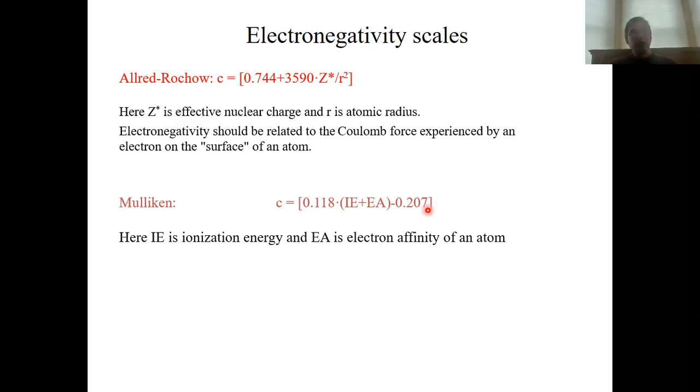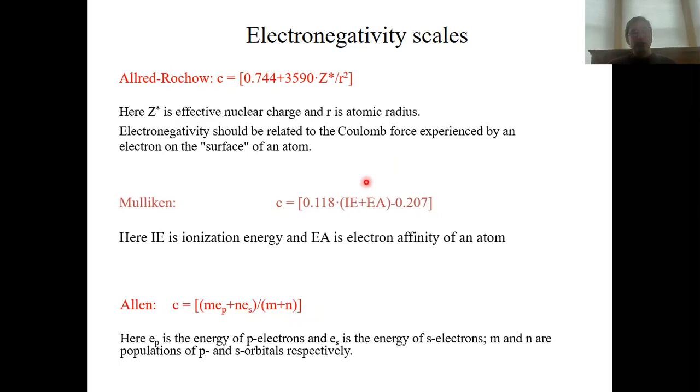Last but not least, there's another concept by Leland C. Allen, which is particularly designed for main group elements. It says that the electronegativity is nothing else but the average electron energies of the p and the s valence electrons.